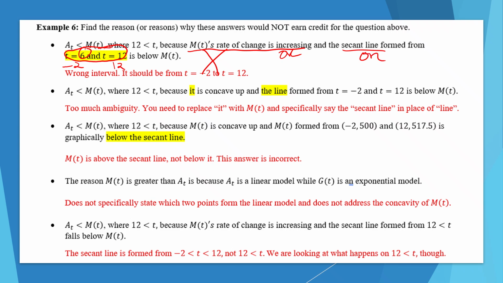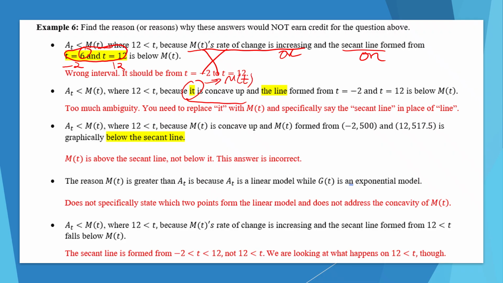For number 2, this one is too open for interpretation. When you say it is concave up, I don't know what it means. Is it the straight line? Is it the exponential function? Is it a random line that I drew on the paper 5 minutes ago? I don't know. So you need to be very specific, and instead of saying it, say M of t.